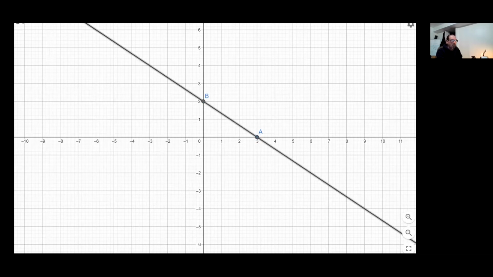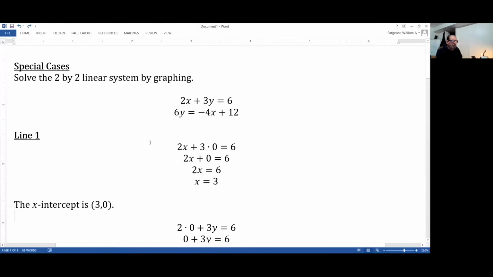And next, we will take a look at graphing the second line. On that one, let's see here. We had y was not alone, but we do have 6y alone. So I could divide everything on both sides by 6.